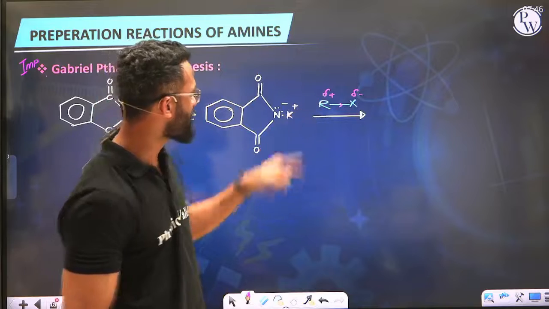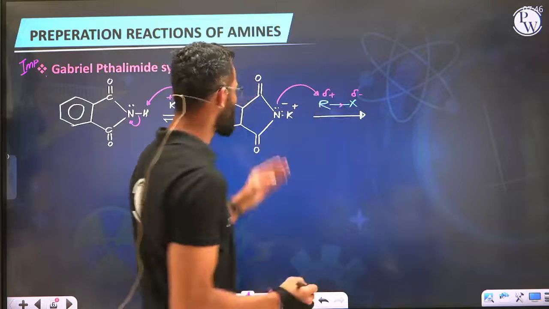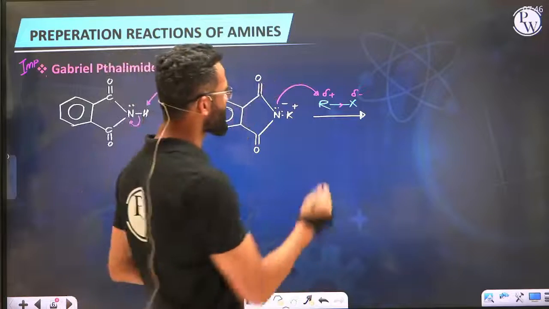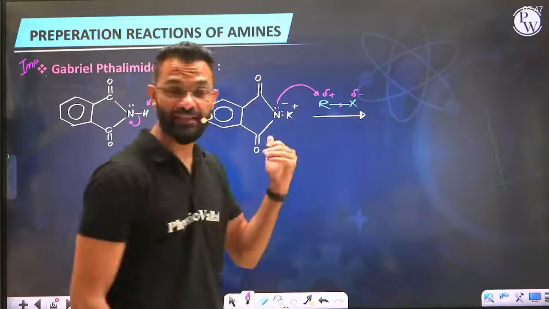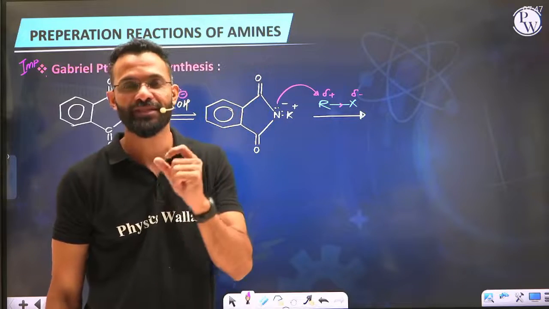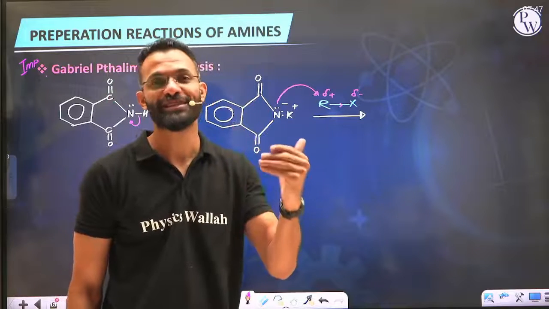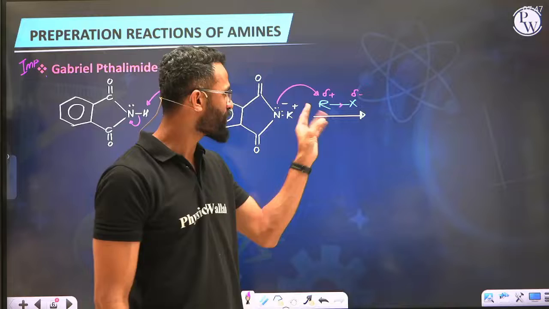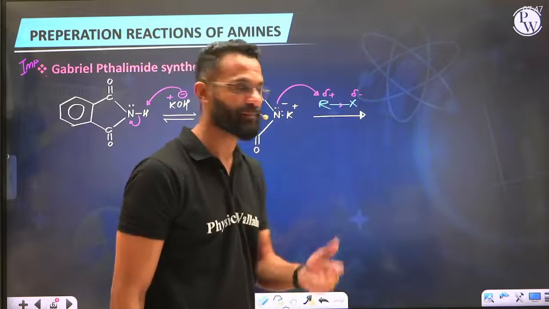The electrophilic carbon will be attacked by the nucleophilic nitrogen atom. Since a bulky nucleophile is attacking, the alkyl group has to be a smaller alkyl group such as methyl or primary, or at the most secondary. So the alkyl halide has to be preferably less sterically hindered.